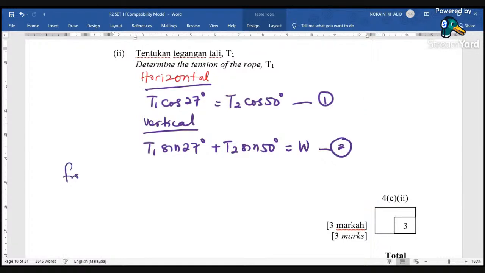From 1, T2 equals T1 cos 27 divided by cos 50.